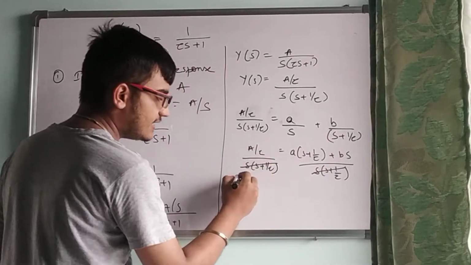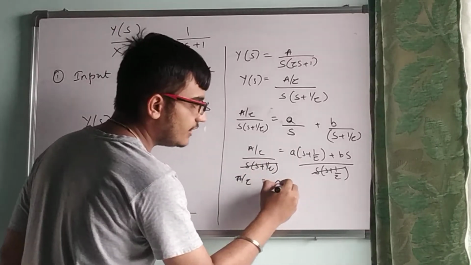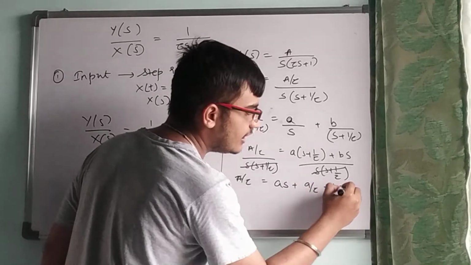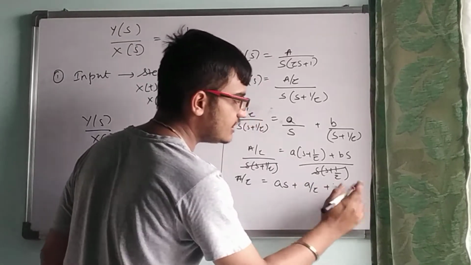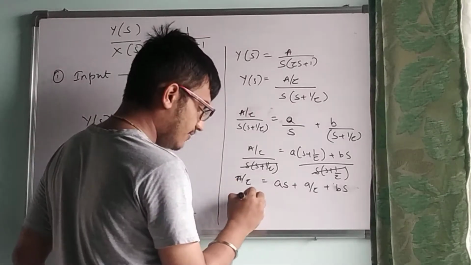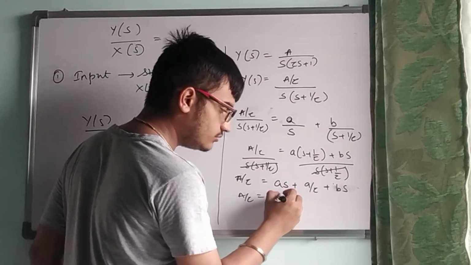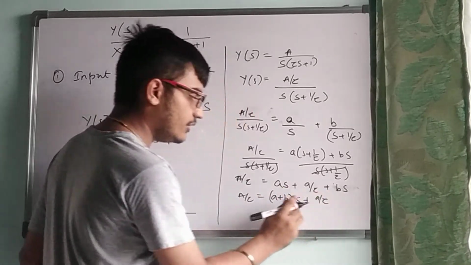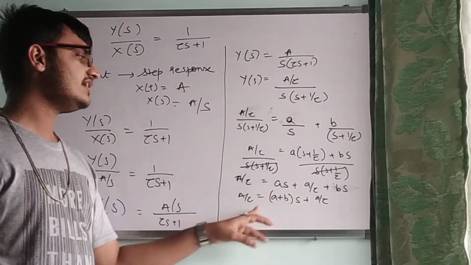Now comparing as usual, A/τ is equal to a·s + a/τ + b·s. Now A/τ is equal to (a + b)s + a/τ. Now compare the s term on both sides.